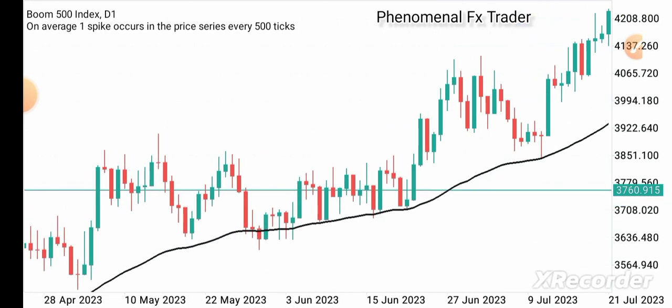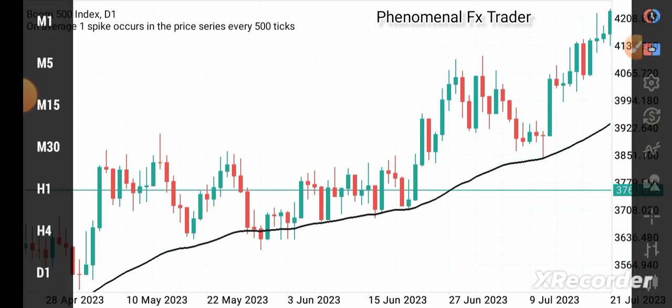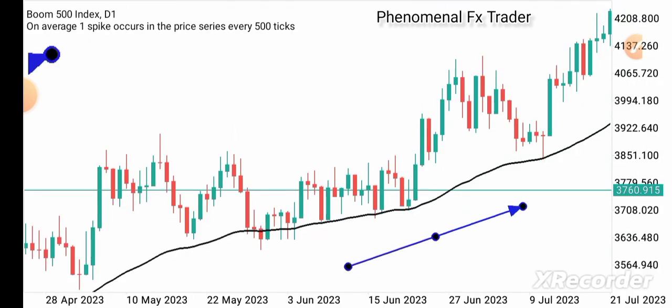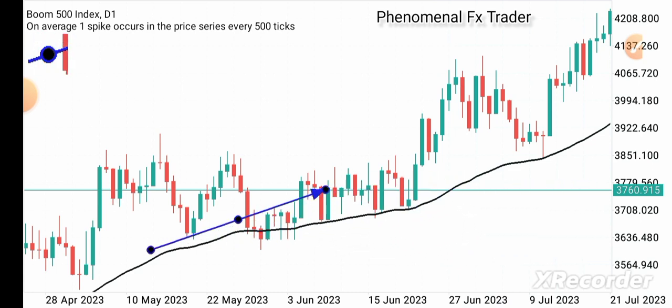So on this chart now, I can see this is where the current price is. This is the price line right here, and this is a key level. We know key levels are areas in the market where price has reacted.